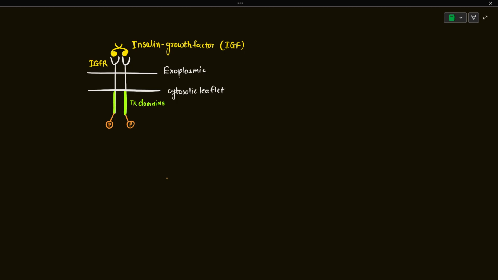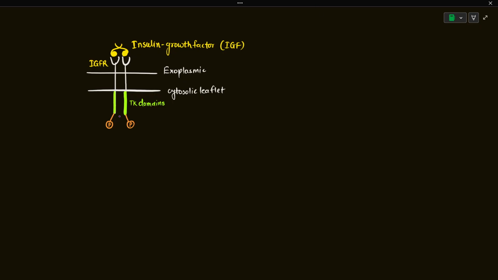And due to the formation of those phosphotyrosine residues, PI3 kinase can come and bind to these phosphotyrosine residues. Due to this binding, the PI3 kinase will get activated.